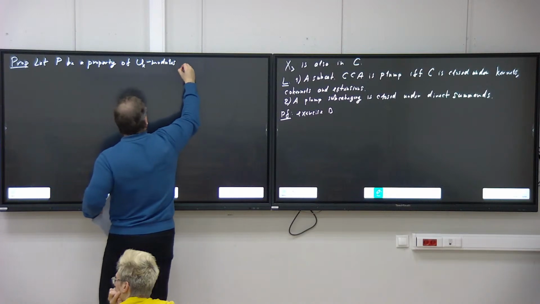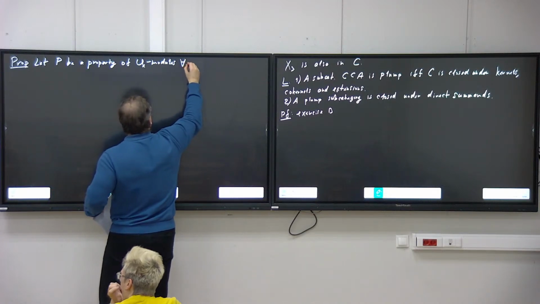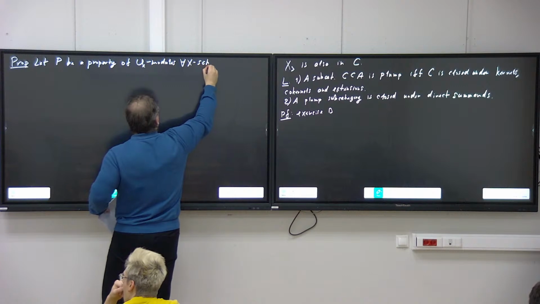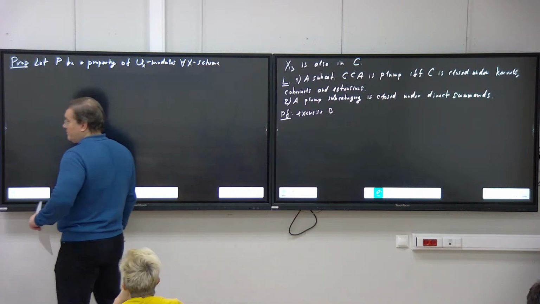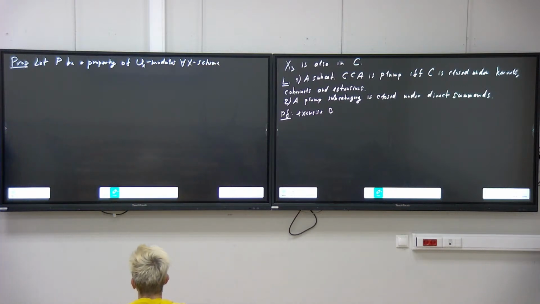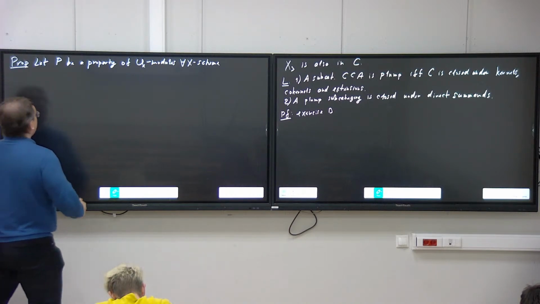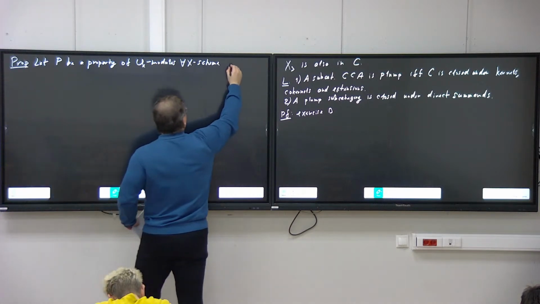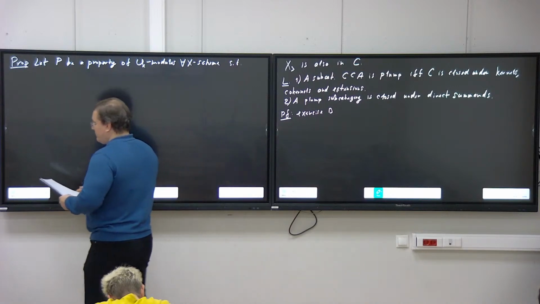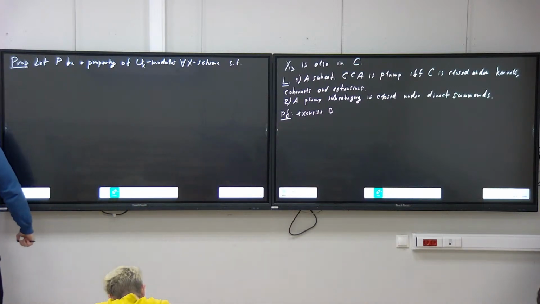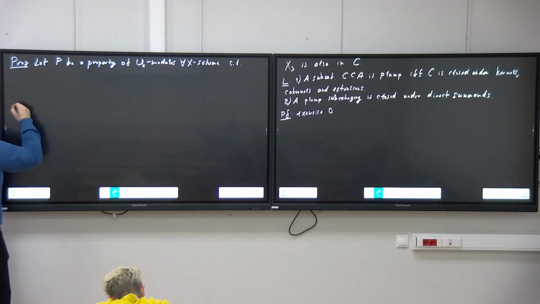Examples of what I'm talking about are properties like being quasi-coherent, being coherent, being of finite type, etc. For this property, I want to ask for three requirements.